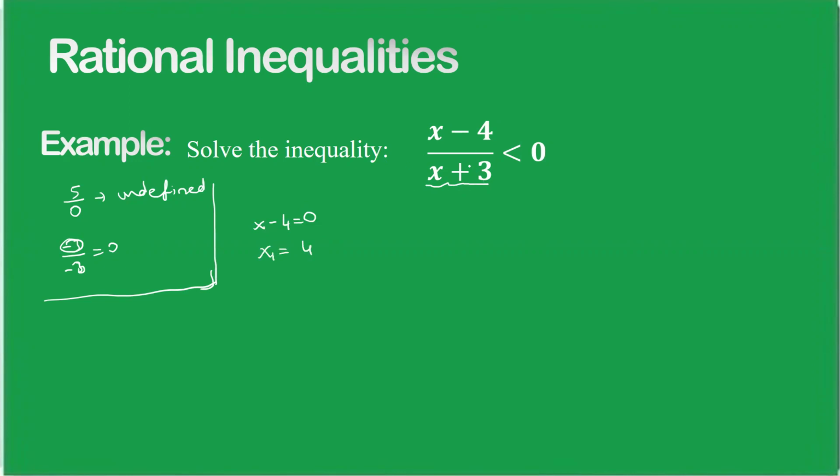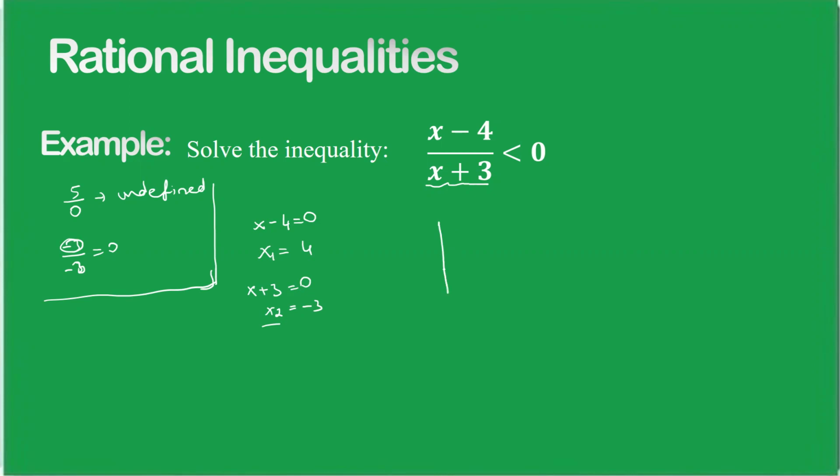And also, this one cannot be 0, but to find critical points, we write x plus 3 equals 0. So x2 is minus 3. This one is a critical point. Don't forget that.